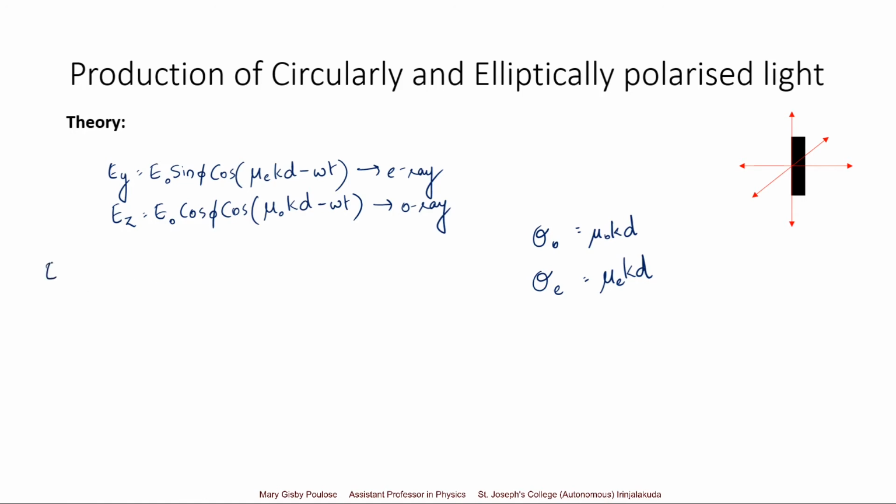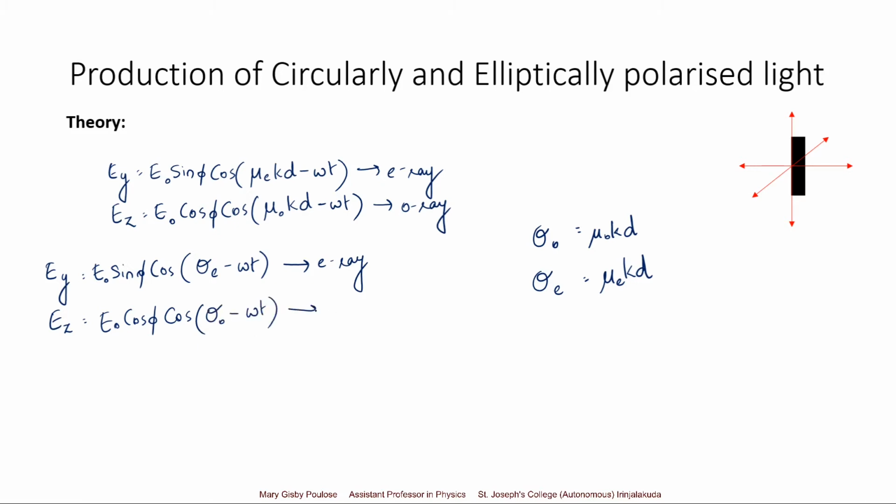Hence, Ey becomes E naught sine phi cos of (theta E minus omega t) for the E ray, and Ez becomes E naught cos phi cos of (theta O minus omega t) for the O ray.